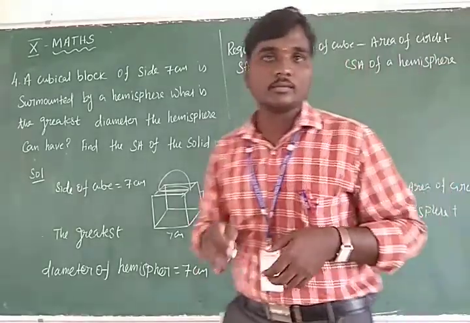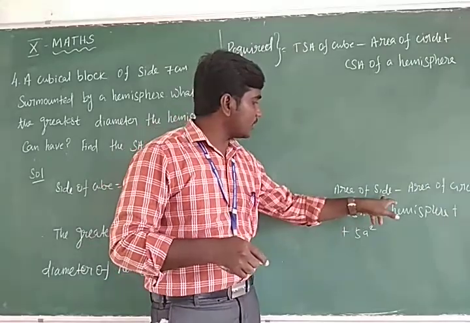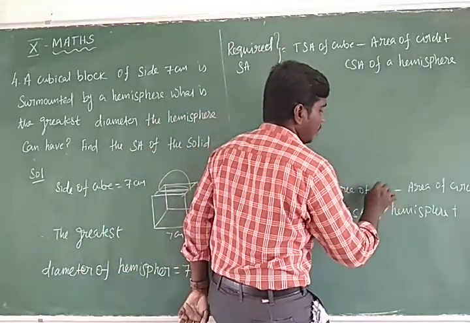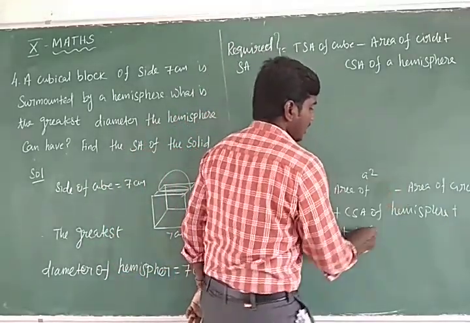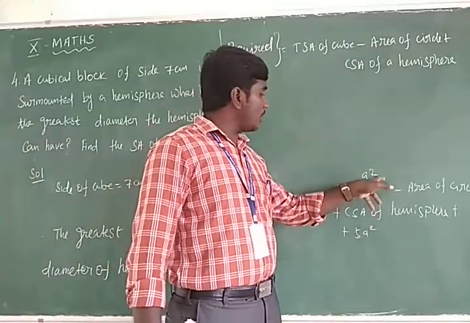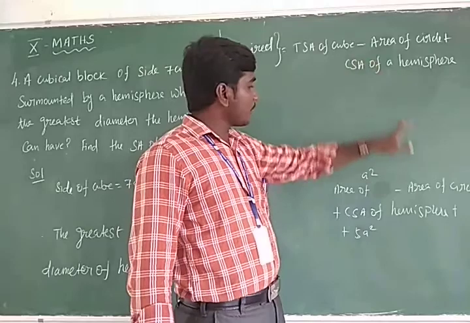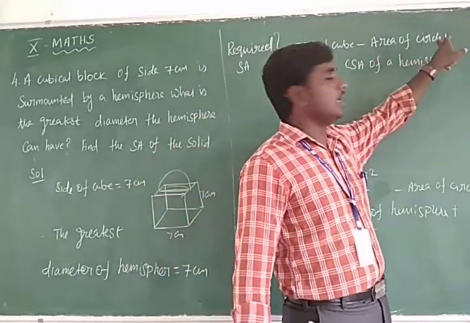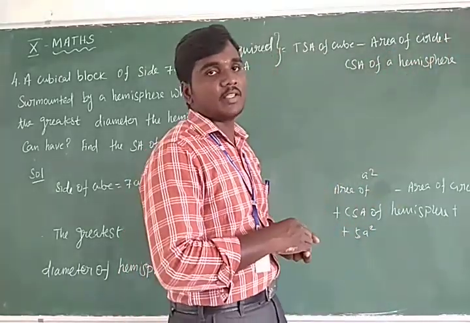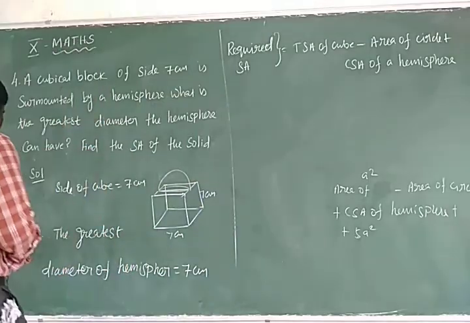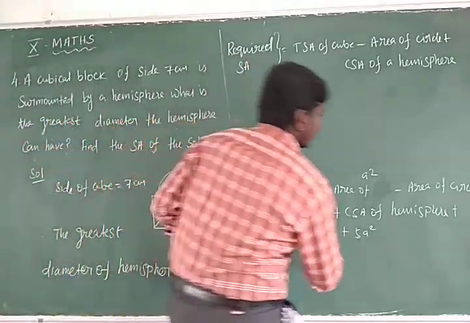Are you clear? Here, area of one side of the cube is a square. Here 5a square plus a square is 6a square. That is the total surface area of cube. Minus area of circle plus curved surface area of hemisphere. Okay, right. Now substitute the values.